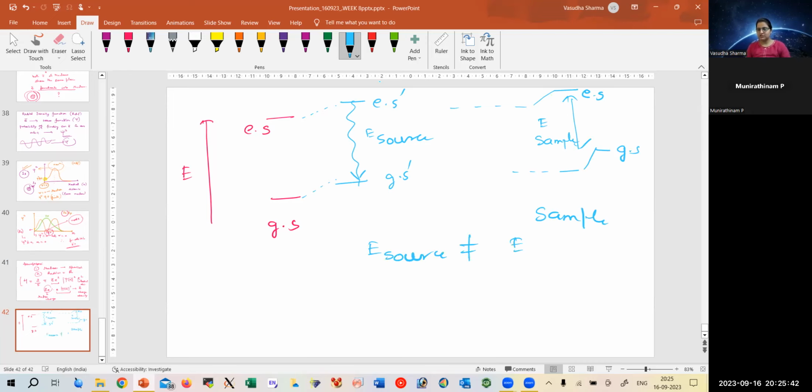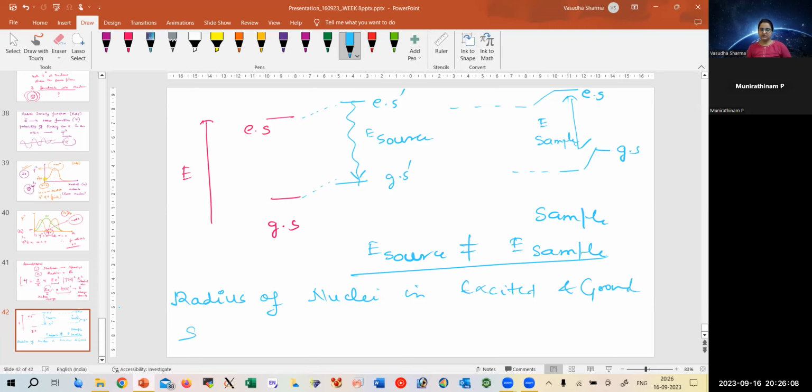Okay, at the concept of this S electron density penetrating into the nucleus, we understood that changes are happening because of the Coulombic interactions. So because of that S electron density penetrating into the nucleus, the radius of the nuclei that we are taking in excited state and ground state, they differ.